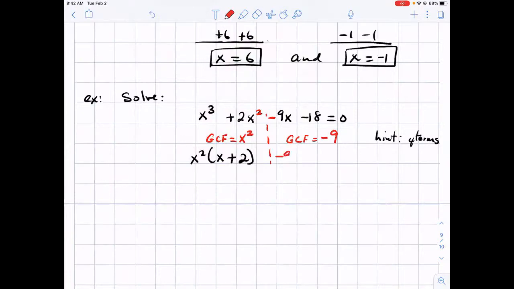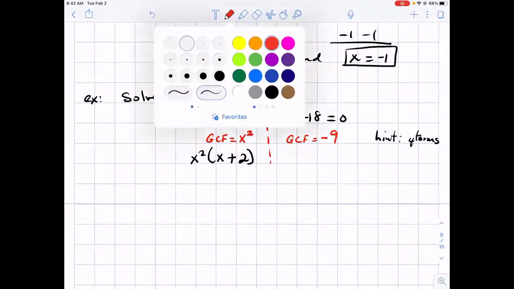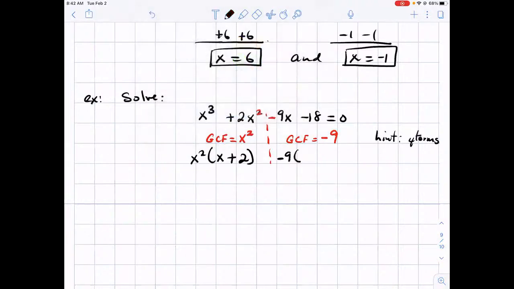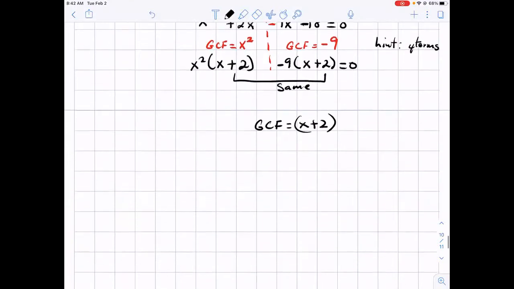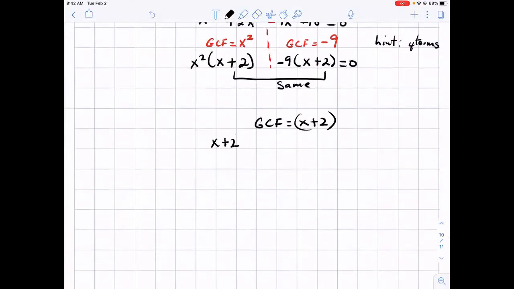So if you take out minus 9, we have x, a negative divided by a negative becomes positive 2. You will note that these two parentheses are the same. So that means we have a GCF again of x plus 2. So if you take out x plus 2, we have left x squared minus 9 is equal to 0.